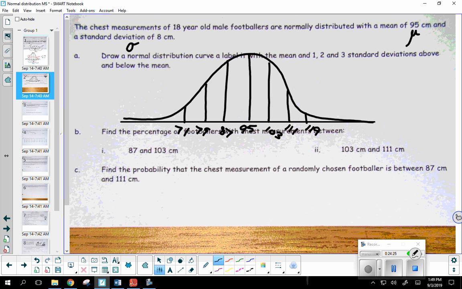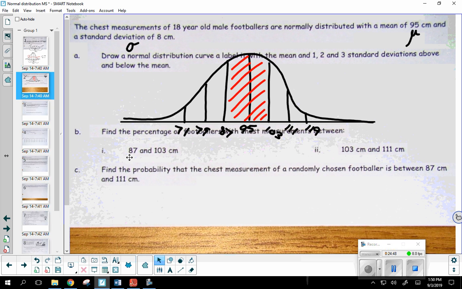Now it says find the percent of footballers with chest measurements between 87 and 103 centimeters. So I'm going to shade the area starting at 87 and going all the way to 103. Think about the percentages as we put them below the curve.